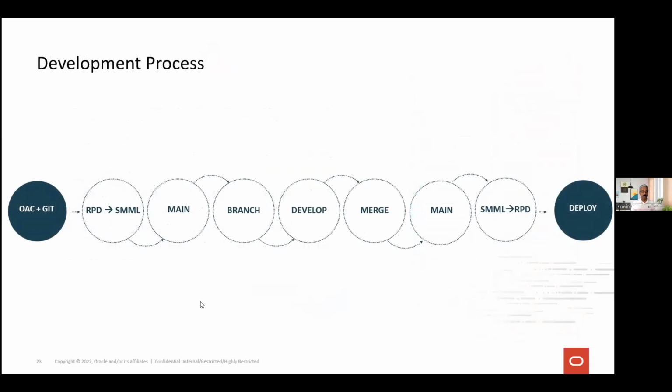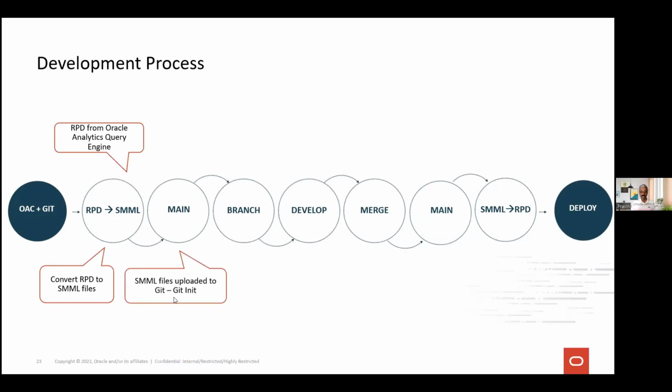Okay, so a simple development process will be like this: you have Oracle Analytics Cloud integrated with Semantic Modeler, integrated with Git. Your RPD can be read from the Oracle Analytics Query Engine, and converted from RPD to SMML files. From there on, you have the main branch. From the main branch, each developer can create their own feature branch or developer branch as needed.